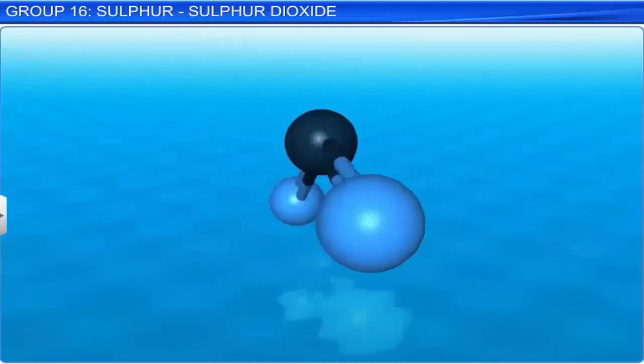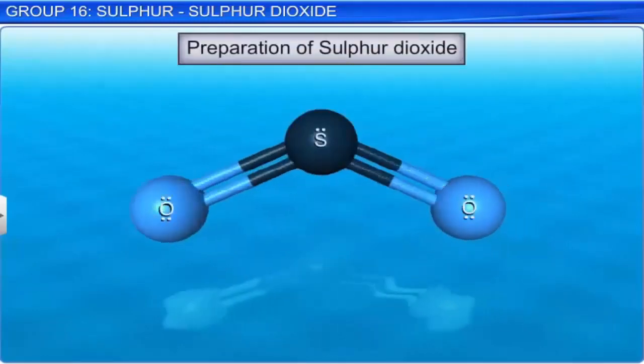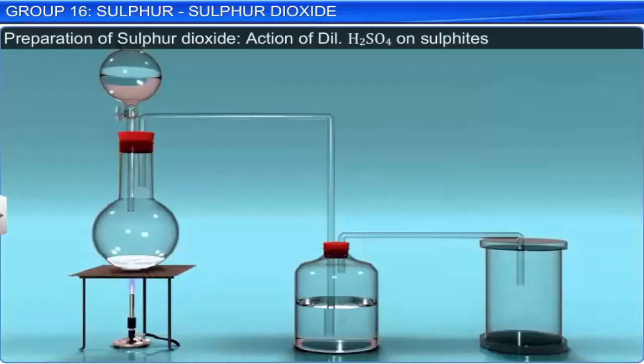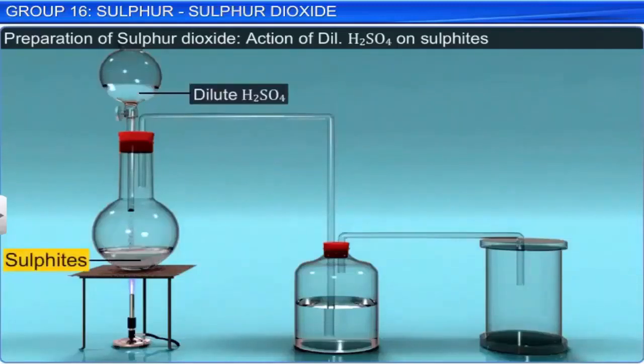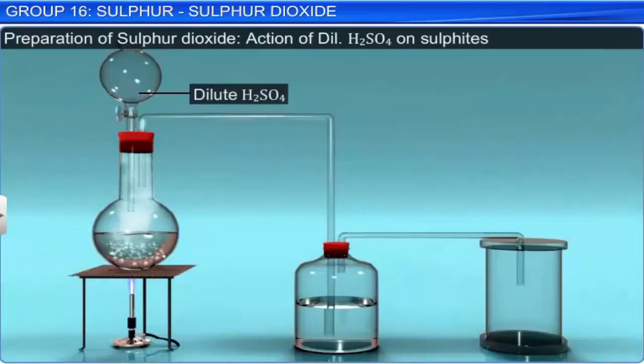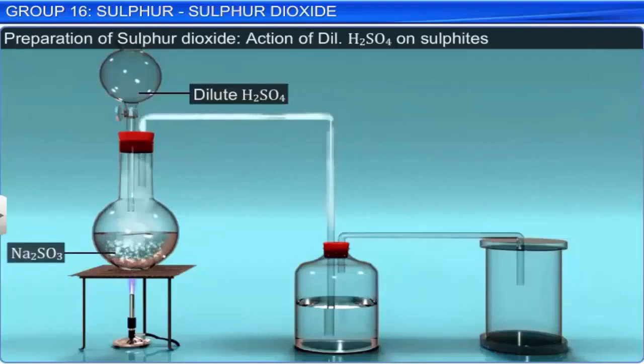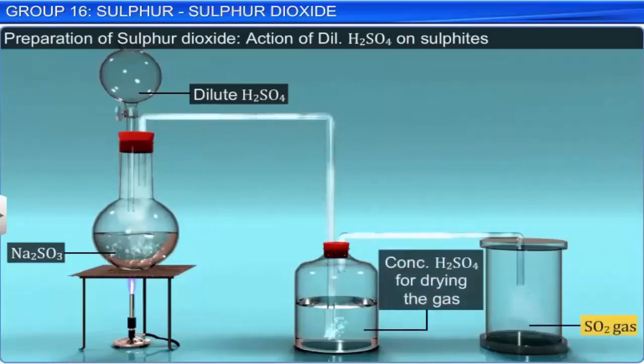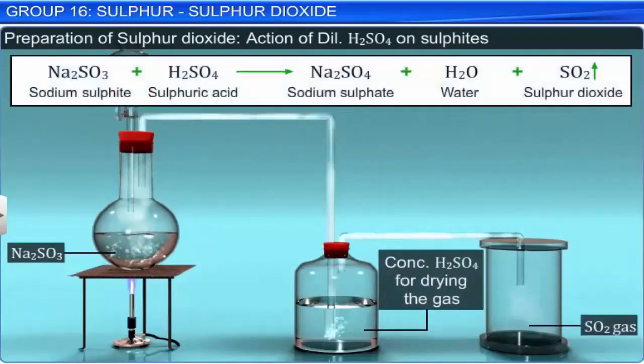Let us begin with the methods to prepare sulfur dioxide gas. Sulfur dioxide may be prepared in the laboratory by the action of dilute sulfuric acid on sulfides. For example, sodium sulfide on treatment with dilute sulfuric acid gives sulfur dioxide as shown in the equation here.